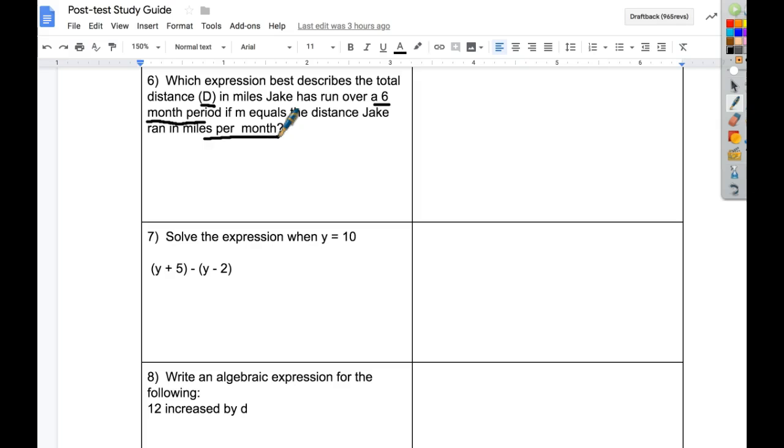So I know each month he runs a certain distance. And now we're going to figure out how we're going to write the expression. And it's saying which expression best describes. I'm not going to give you choices. You're going to write the expression for this situation. So pause the video here, 1 minute, and check back in.